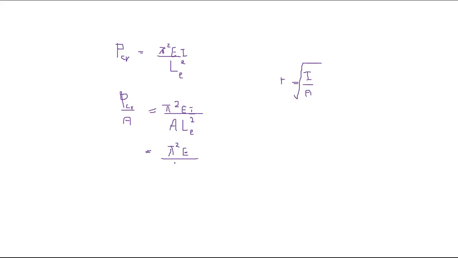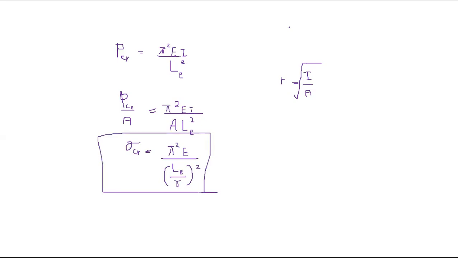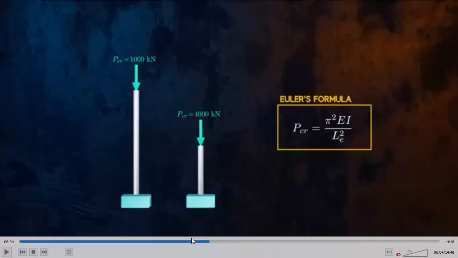Sigma critical equals pi squared E divided by (LE over r) squared. So this is the critical buckling stress, right? Keep this in mind.